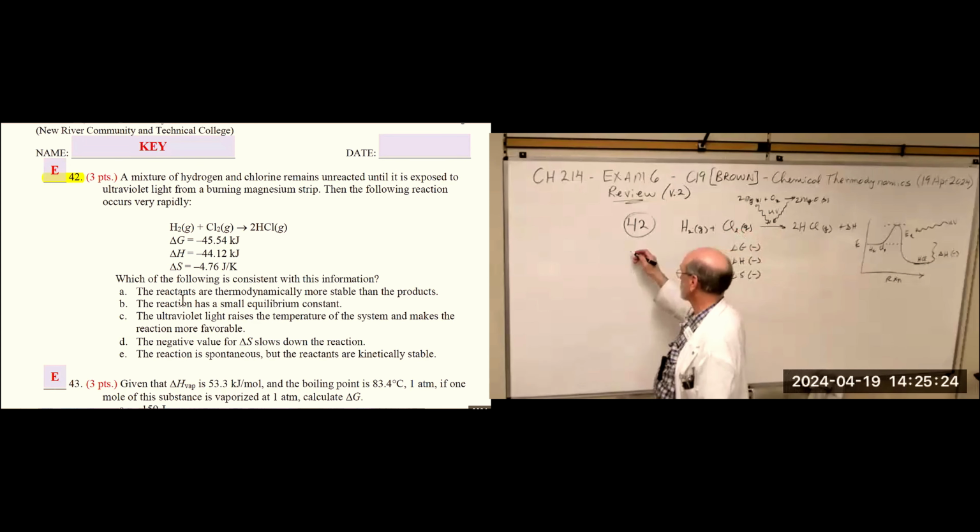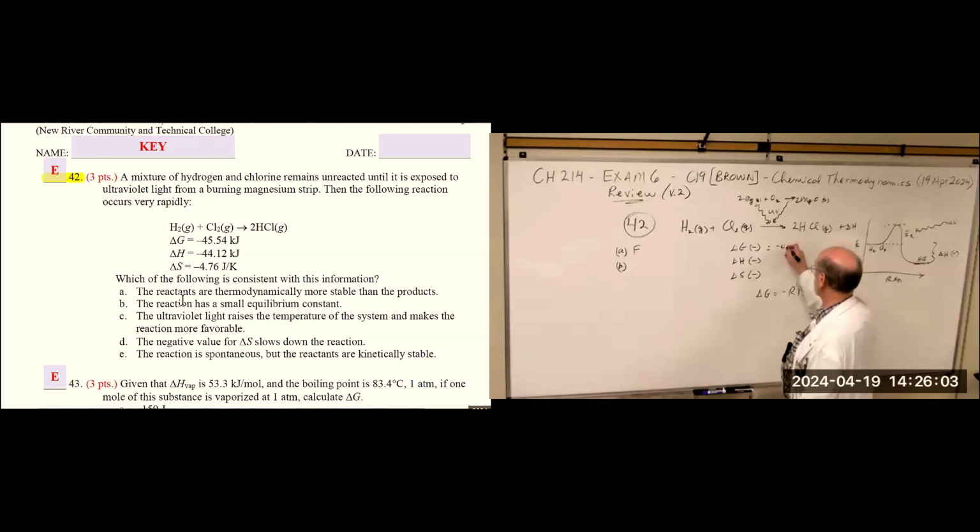B is the reaction has a small equilibrium constant. Well, actually, we would need the values for the equilibrium constant. So delta G equals minus RT ln K. If we put the delta G in here, which is negative 45.54 kilojoules, this is going to have to be converted to joules.